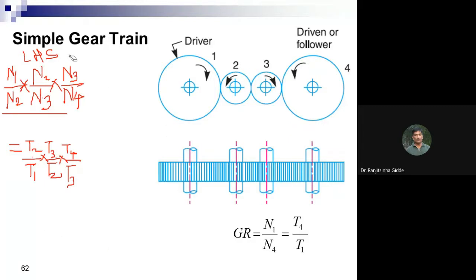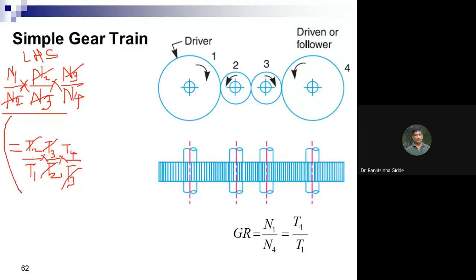Okay. Now we can see that this n2 gets cancelled. This n3 gets cancelled. Here this T2 gets cancelled. This T3 gets cancelled.